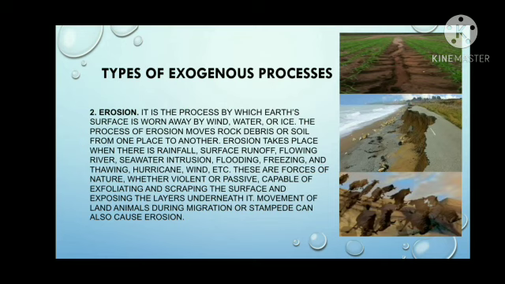Next type of exogenous process, we have erosion. Erosion is the process by which Earth's surface is worn away by wind, water, or ice. So it involves movement. The process of erosion moves rock debris or soil from one place to another.